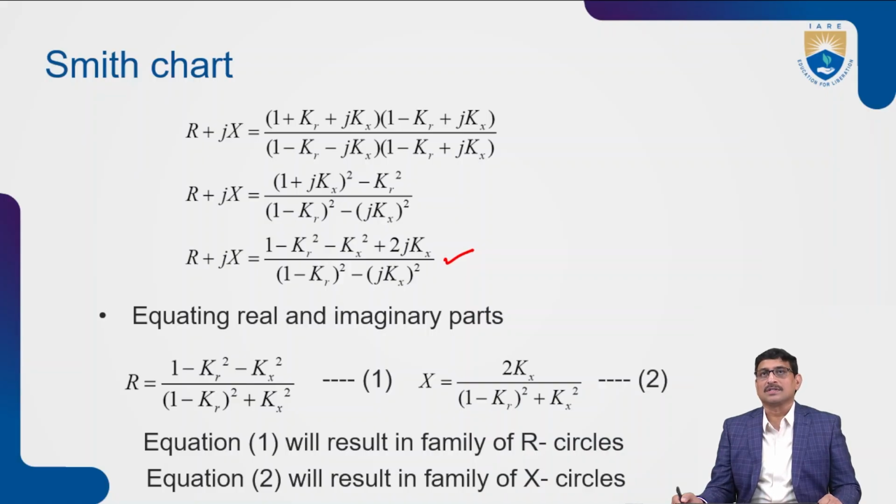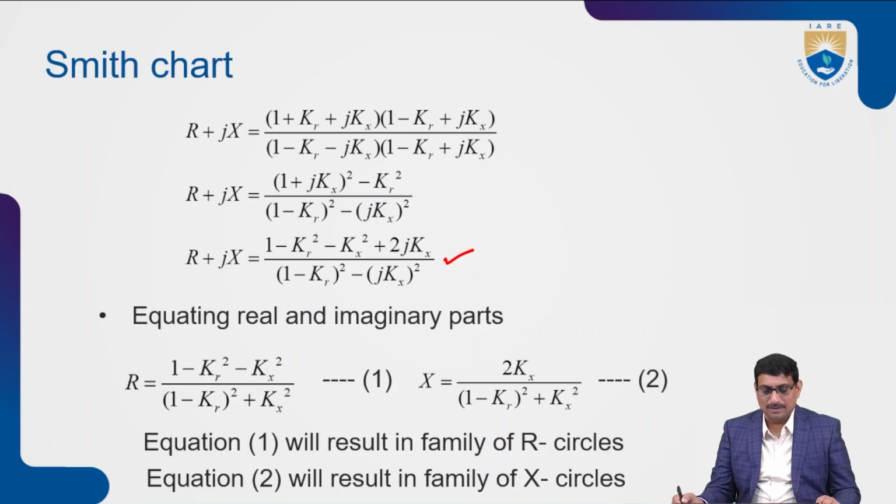Equating the imaginary parts, X is equal to 2Kx divided by 1 minus Kr whole square plus Kx square. I call this equation number 2.